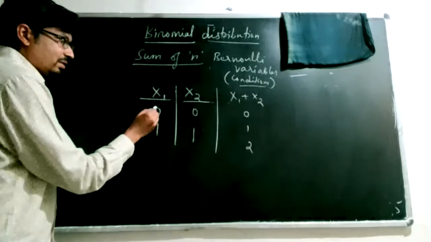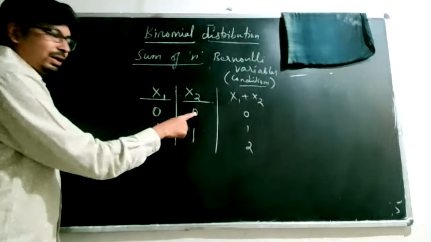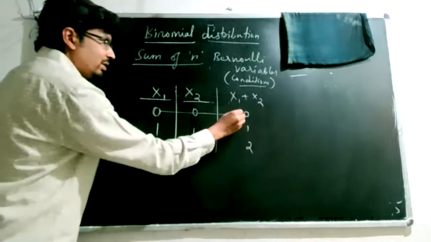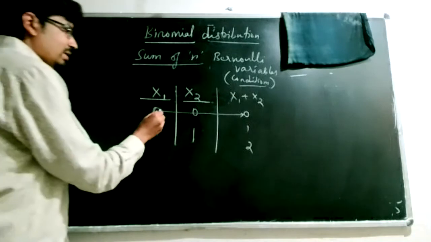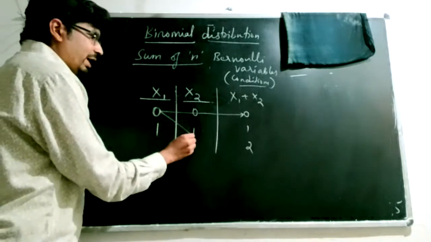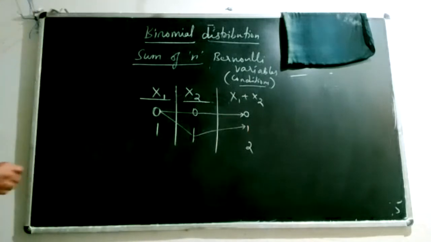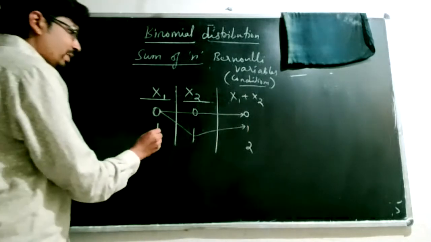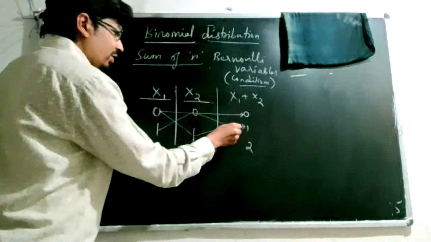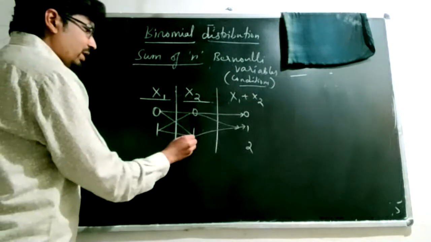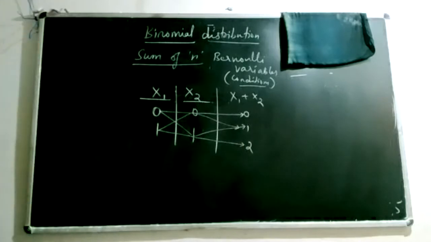Because your first variable might take 0, and the second variable might take 0. In that case, you get x1 plus x2 as 0. The other possibility is x1 is still 0, but x2 is taking 1, therefore 0 plus 1 is producing 1. Third possibility, x1 is taking 1, but x2 is taking 0, therefore the sum is 1. Fourth possibility, x1 is 1 and x2 is 1, so that is producing 2.